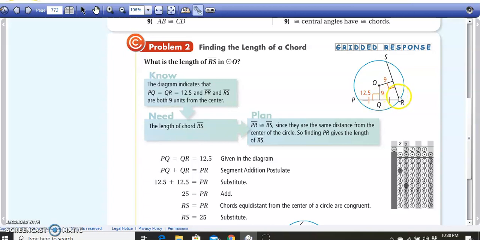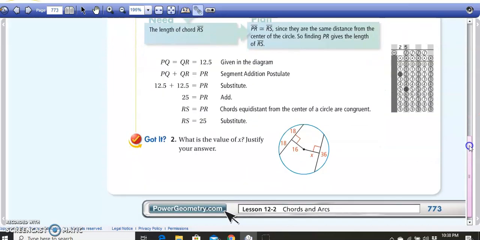The addition of those things is 25. 12.5 plus 12.5 is 25. And the distance PR will be the same as SR. Why? Because the distance from the center is equidistant. Now this example I will solve in the other video, but it's very elementary to understand.